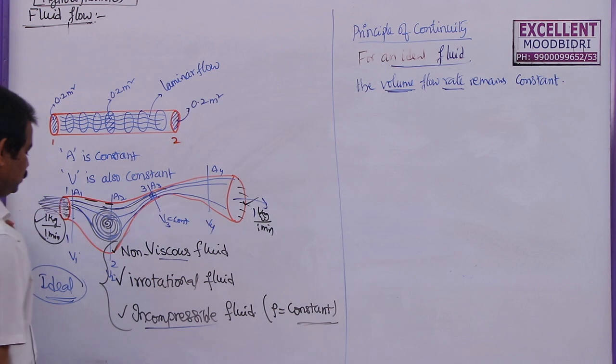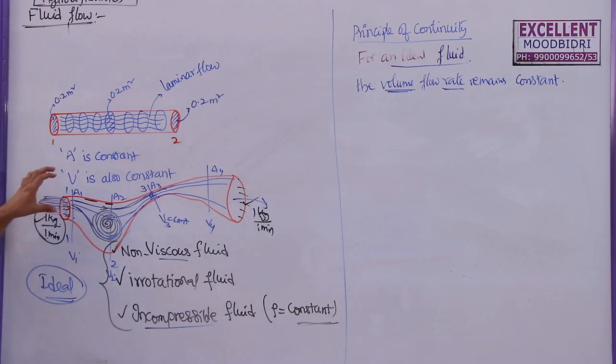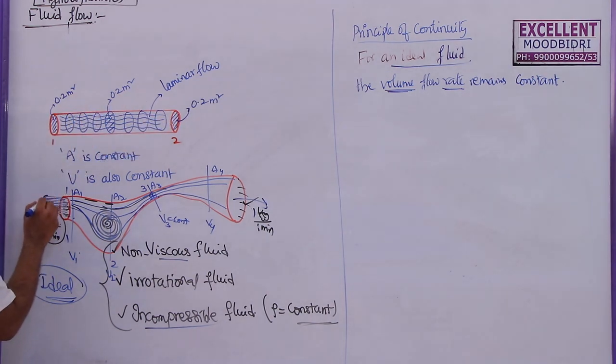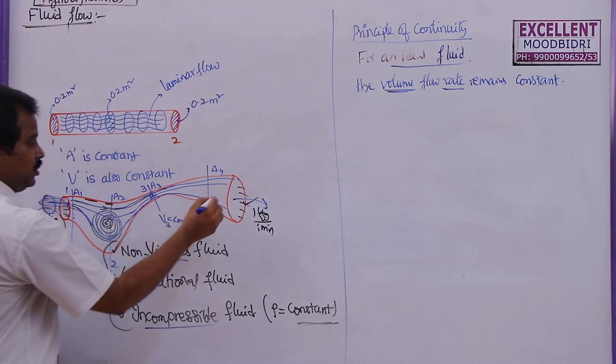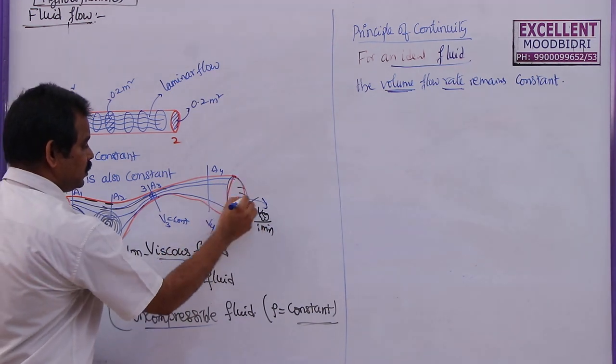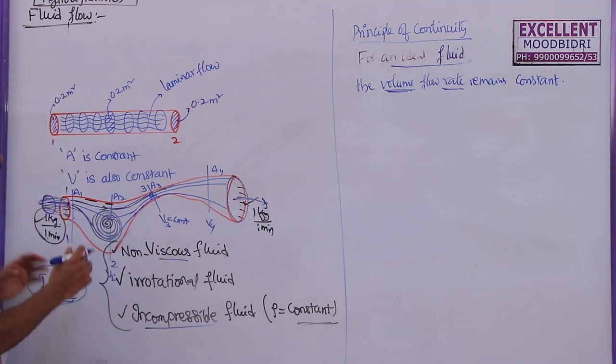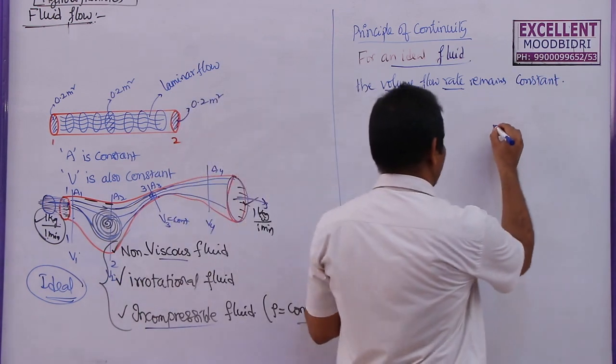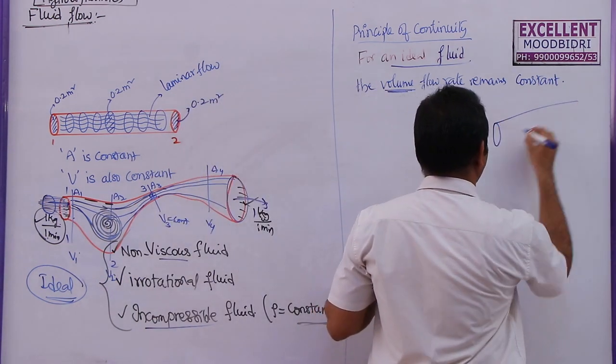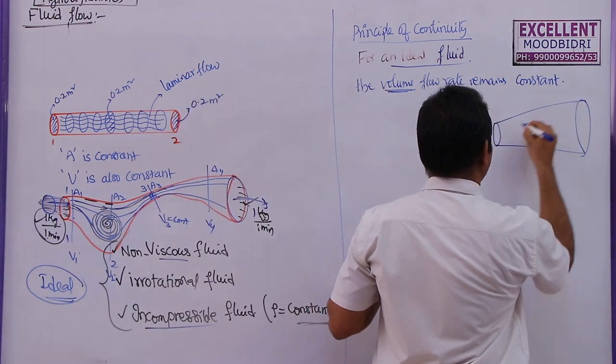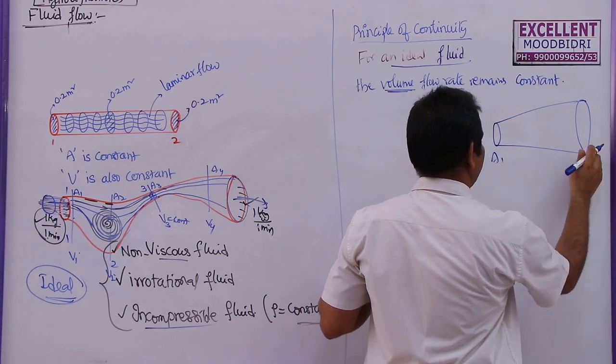So now this is the case in which we can write for an ideal fluid, the volume flow rate remains constant. That is, the volume of the fluid that is entering is equal to the volume of the fluid that is leaving. Now let me take a pipe with area A1 here and area A2 here.